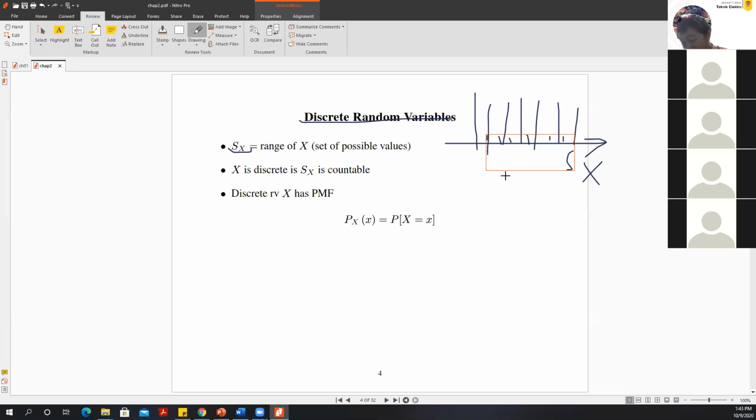So we can easily determine the probability. You remember that the y-axis here is probability, and in the case of a discrete random variable, we have a special name, which is PMF, probability mass function.